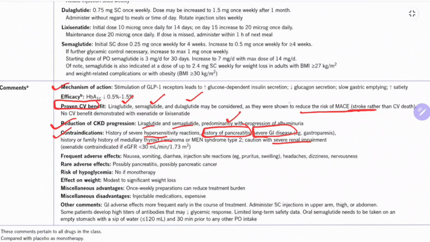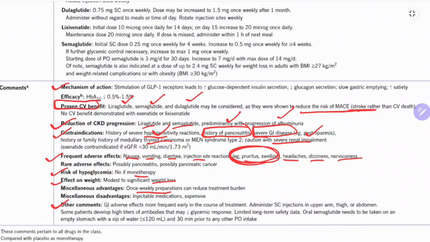So: history of pancreatitis, severe GI disease, thyroid carcinoma, severe renal impairment. Frequent adverse effects are the same: nausea, vomiting, diarrhea, and injection site reactions. Injection site reactions are very common. Also headache, dizziness, nervousness. Risk of hypoglycemia is not there in monotherapy. They will cause weight loss. There are once weekly preparations like semaglutide.